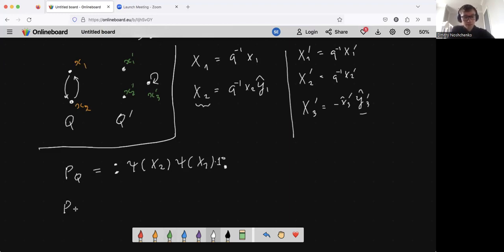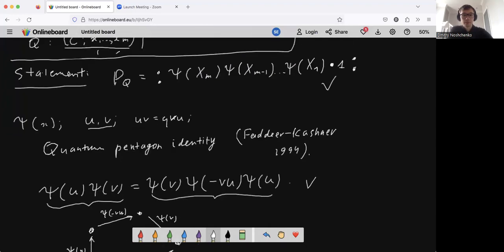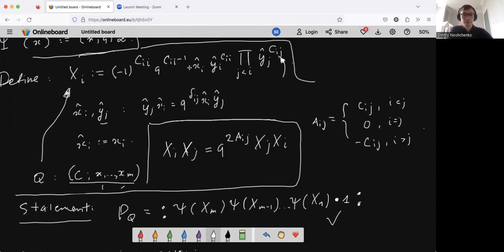And for p prime, you have similarly the same, but with primes, with x3 prime, x2 prime. It's very important here to keep the order of the operators. Once you fix the order of a quiver, you can construct this, but if you permute these here, of course, you don't get the same result. So it is important that this numbering follows the definition above, this definition here.